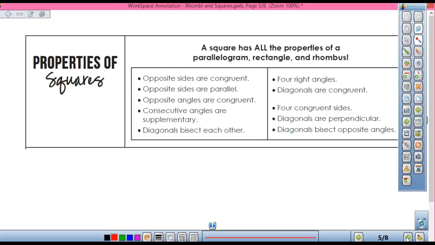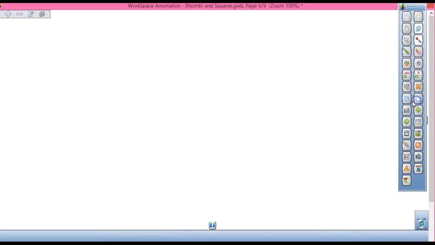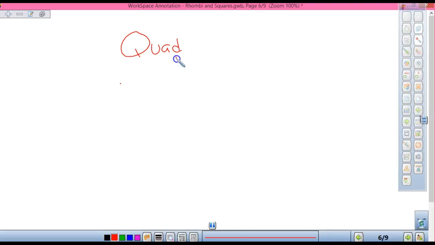Okay, so if we look at this, we've got quadrilaterals up here. I'm actually gonna write it on there since I'm recording. What was a type of quadrilateral that we learned? Well, the first kind. Parallelogram. What was the first kind of parallelogram that we learned? A rectangle. Was a rectangle a parallelogram? Yes.